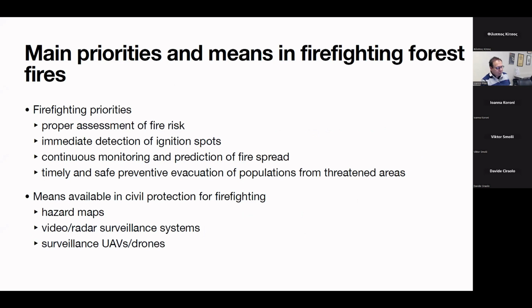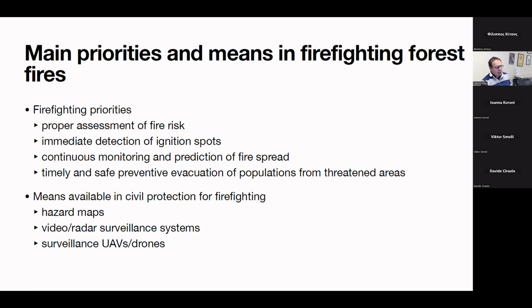So when we talk about firefighting, forest fires, the main priorities are first to find ways for the proper assessment of fire risk, to be able to immediately detect ignition spots so that firefighting forces can be timely notified, to be able to continuously monitor and predict the fire spread, I mean the direction and the strength of the fire, and to be able to timely and safely implement proactive evacuation of populations from threatened areas.